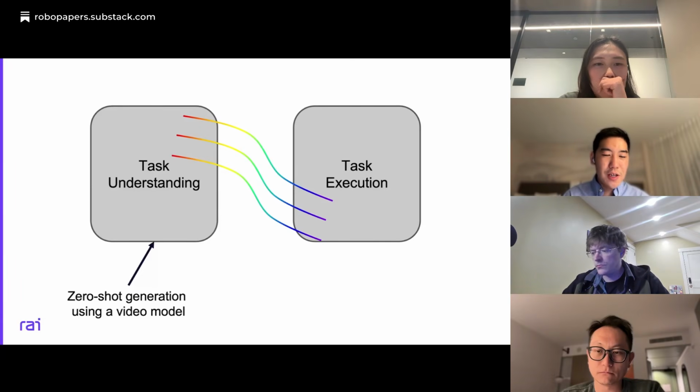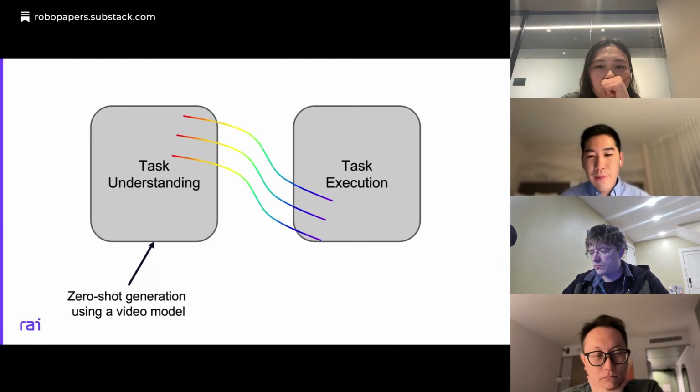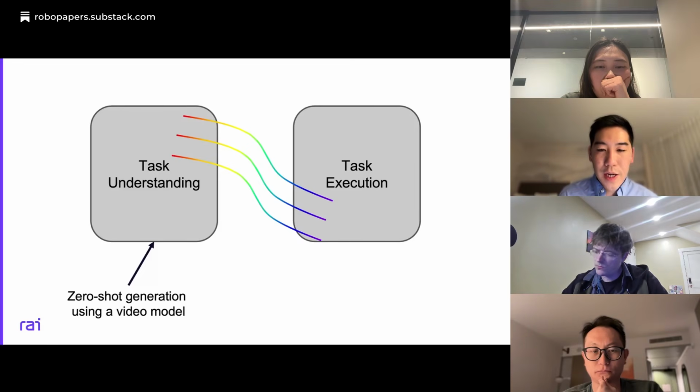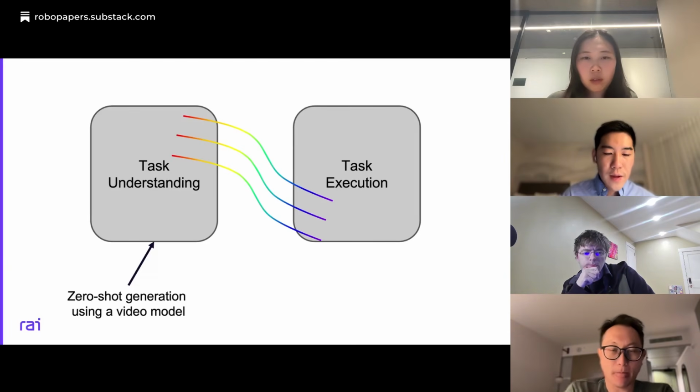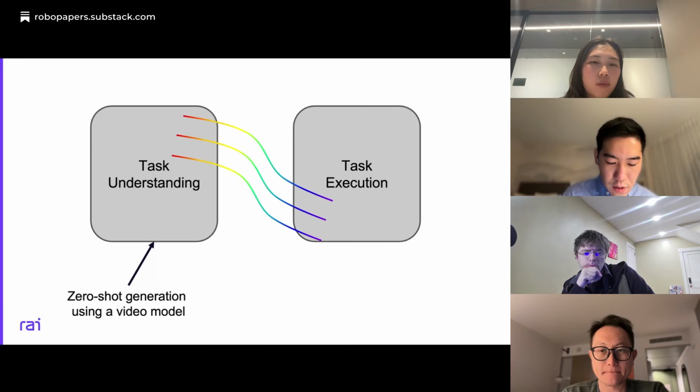We can do it zero shot. It's probably not a big surprise, but what really matters is the task execution part, which is how we can obtain the robot actions to actually do the task. And that's actually the bottleneck of a lot of works, because you need to collect a lot of data to obtain this policy, right? Basically, it's a policy.